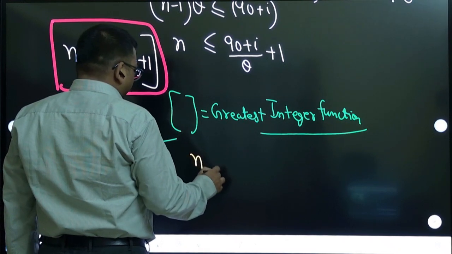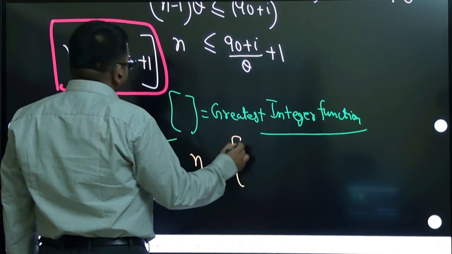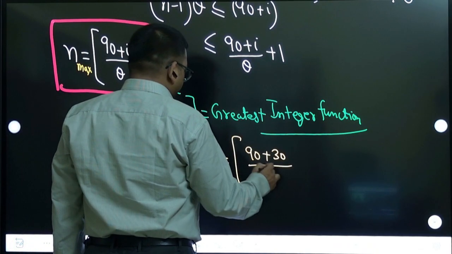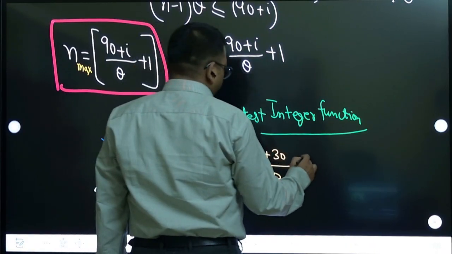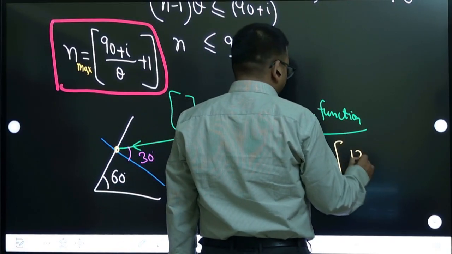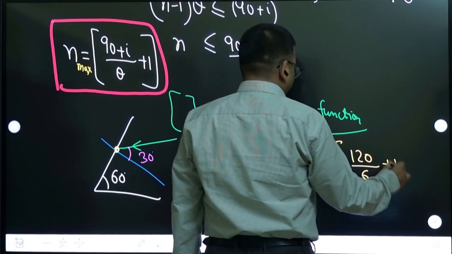Now, let us try this. So, maximum is equal to, apply this, 90 plus I, which is 30, divided by 60, plus 1. So this becomes 120 divided by 60 plus 1, right?